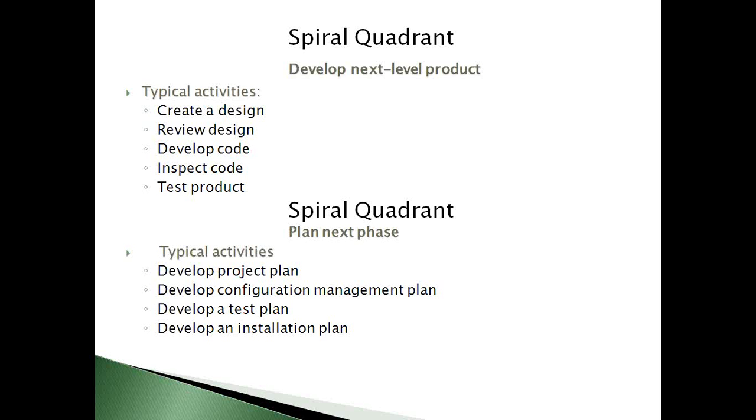And then how to develop a test plan and installation plan. So all these activities are mainly focused on the planning process of the project. It consists of the project plan, the configuration management plan, the test plan, and the installation plan.